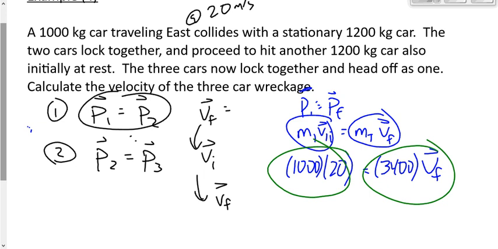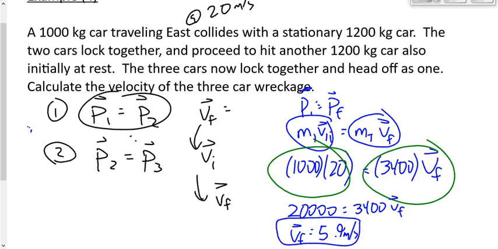So let's do the math here. 20 times 1,000 is 20,000. 3,400 times Vf. 20,000 divided by 3,400 is 5.9 meters per second. Now, logically, we had one car supplying all of the momentum to this system.